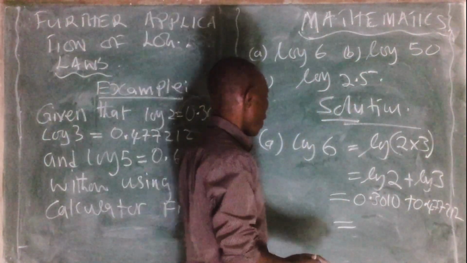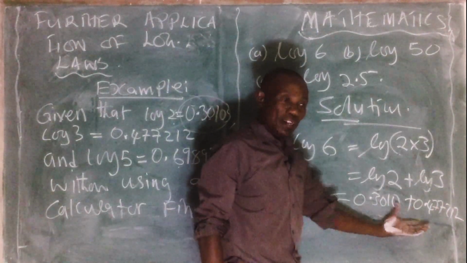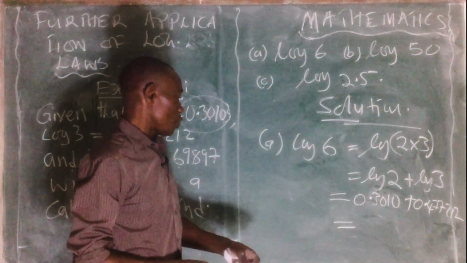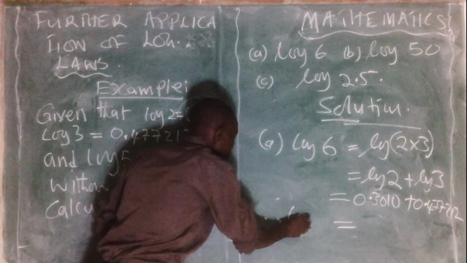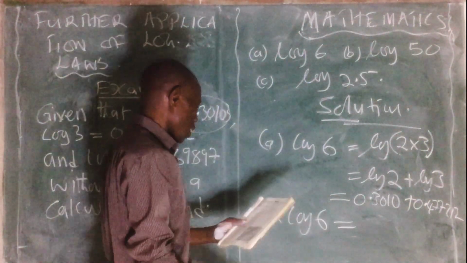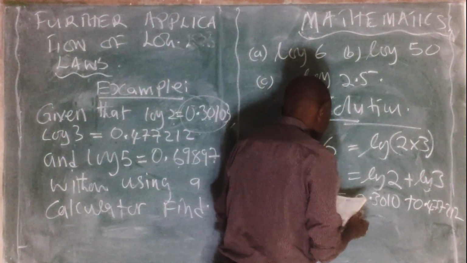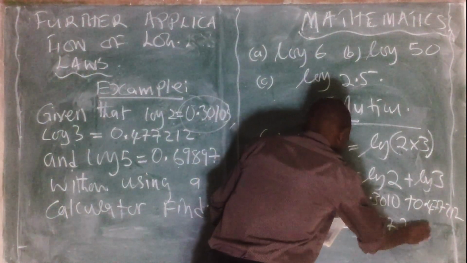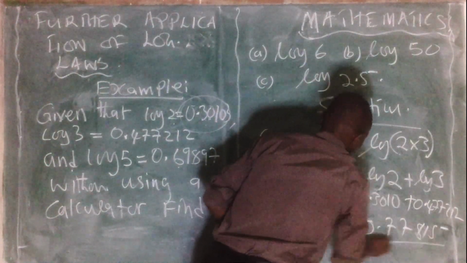I think there's no need for me to work this out. It's too simple. Just get the calculator and do the addition, and what you get is the logarithm of 6. You have that the logarithm of that number is equal to 0.77815.